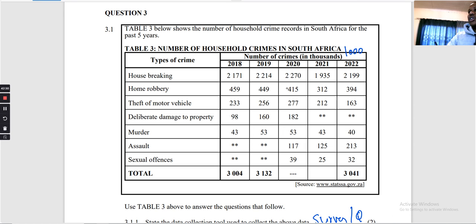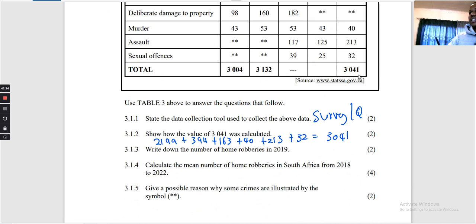It means you're going to multiply each and every number there by 1000. So the number of home robberies there was 449,123.